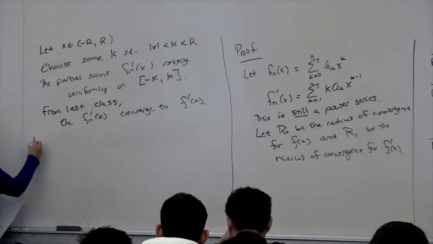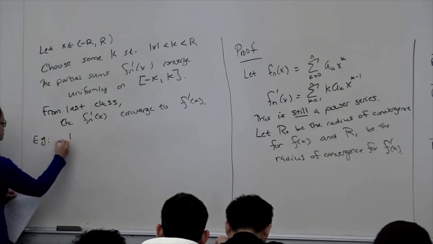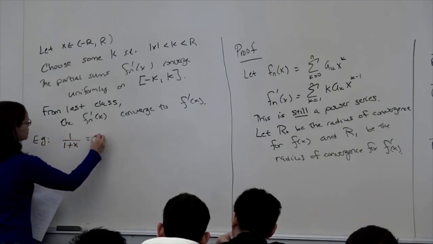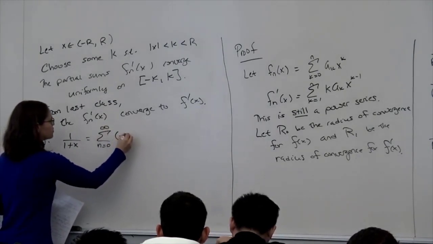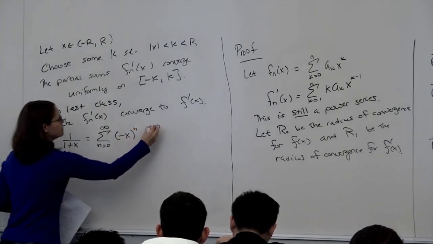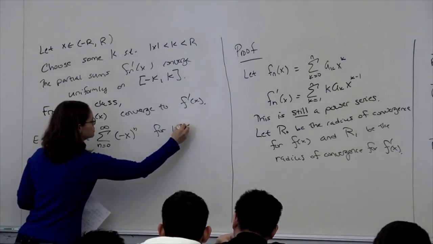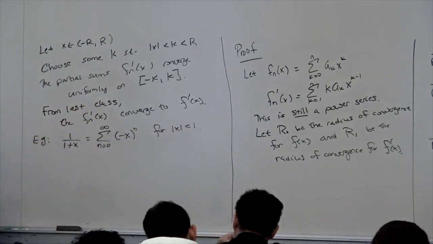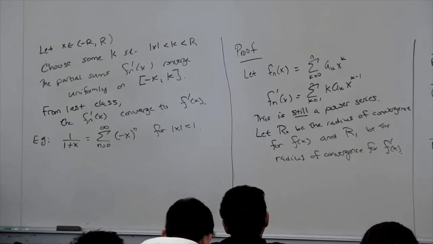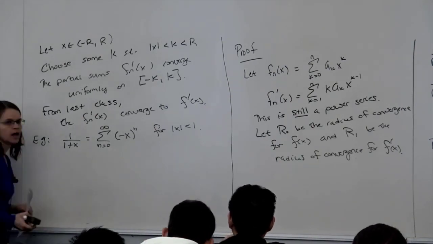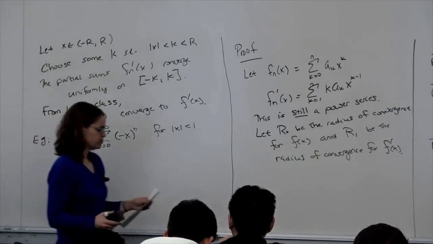Right? So for example, I think this is one that we broke down last time. And we worked it out because this was a geometric series. For geometric series, we had exact formulas for the sequence of partial sums, and then we could take the limit. So we worked this out last time. But now we can start taking derivatives of this term by term.